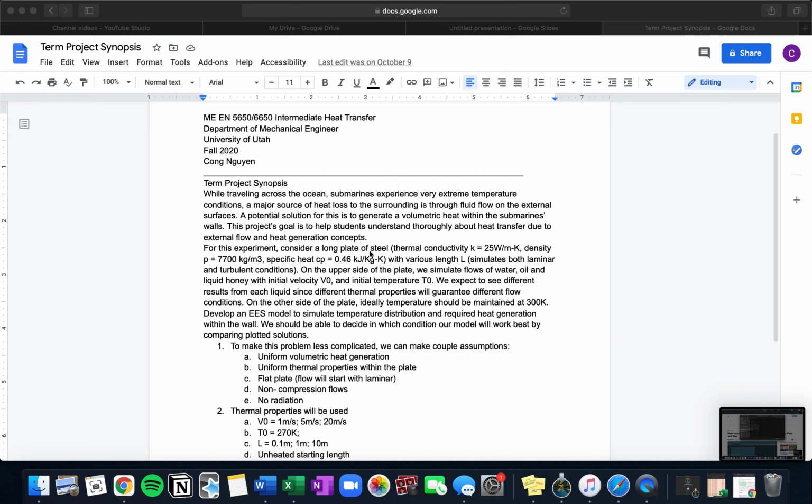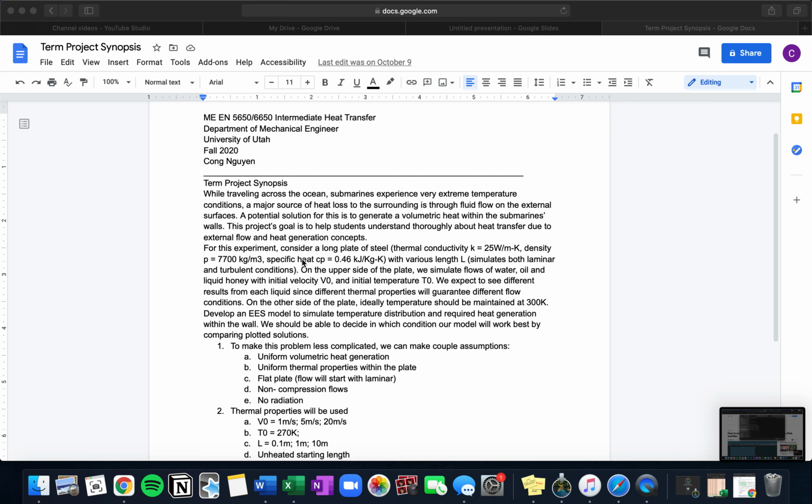I'm trying to simulate this scenario by having a flat plate, and on the upper surface I will have some flow with different conditions, and on the other surface, ideally we want to keep the temperature constant, ideally room temperature.